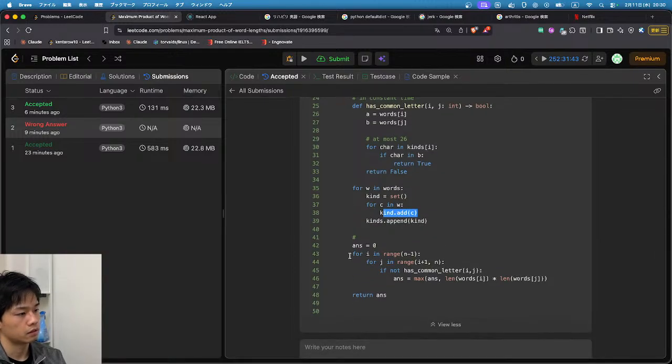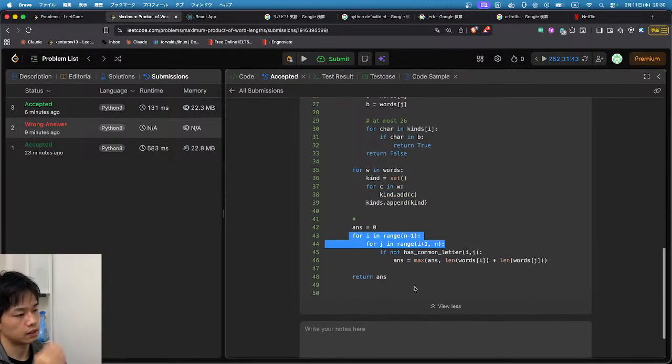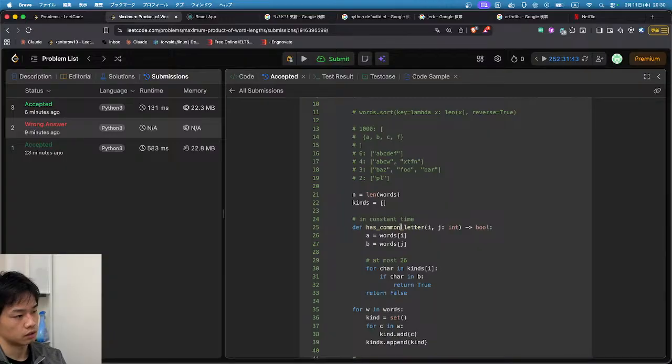And this part is the for loop over combinations, and this function checks if they have the same common letter or not.